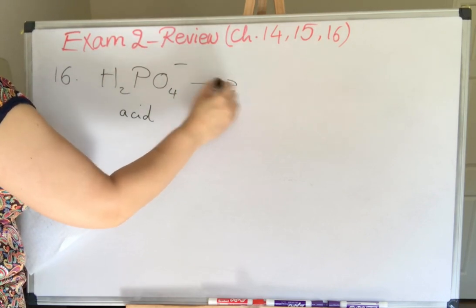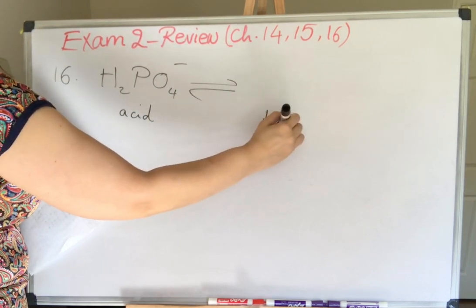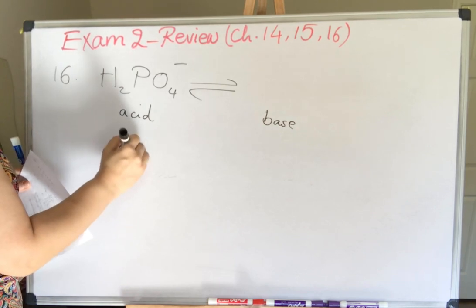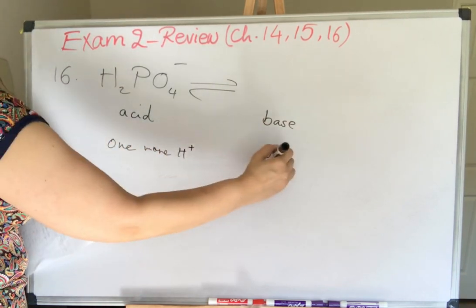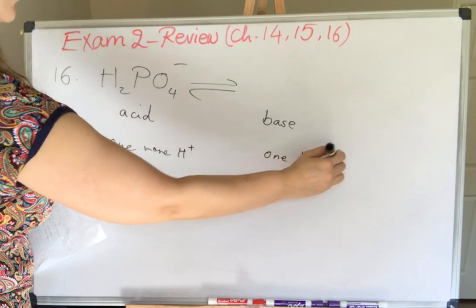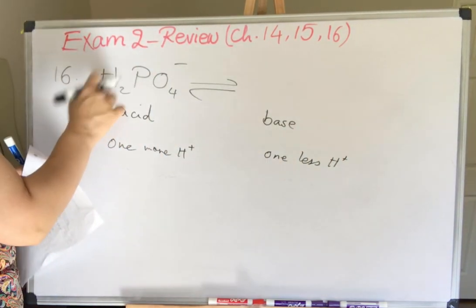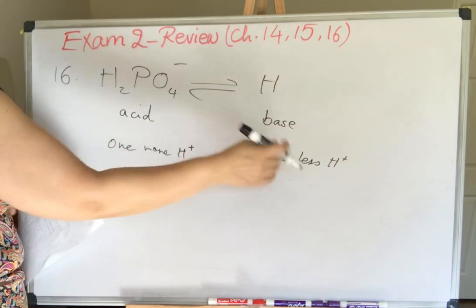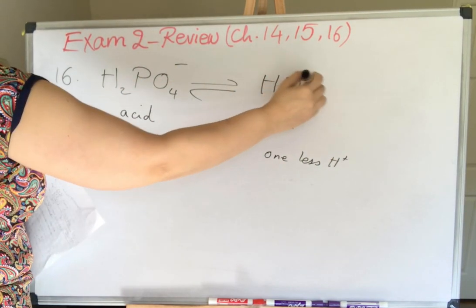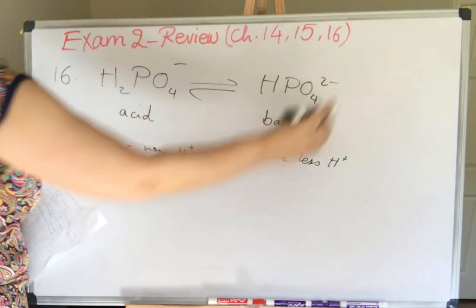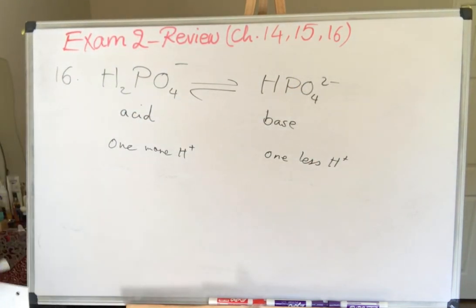Between the base and acid, which one has one more hydrogen ion? The acid has one more hydrogen ion, so the base has one less. So take one hydrogen ion from here, and because you deducted one positive charge, you have to increase the negative charge here. So you choose HPO4 with a negative 2 charge.